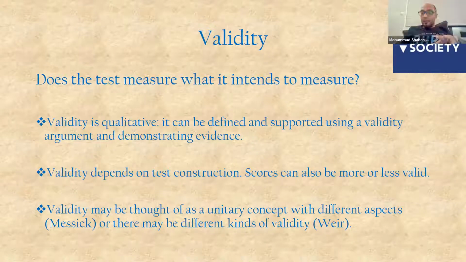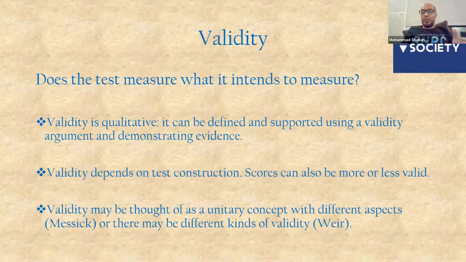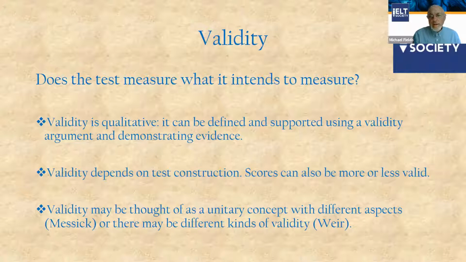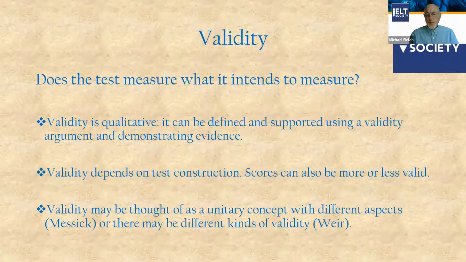I'm just confused about validity, maybe thought of as a unitary concept. What do you mean, unitary concept? Right. So yeah, validity, and that was my next point. One side in this argument was originated, or at least given a lot of weight, by Samuel Messick at ETS in Princeton, who said that validity exists as a unitary concept.